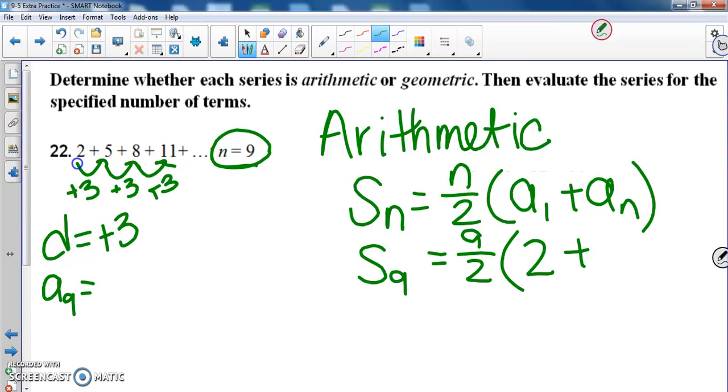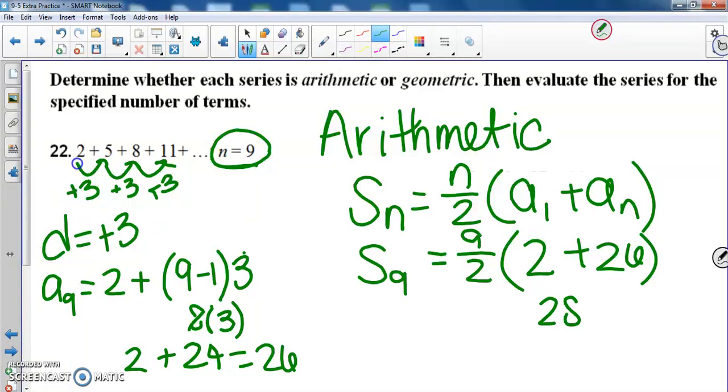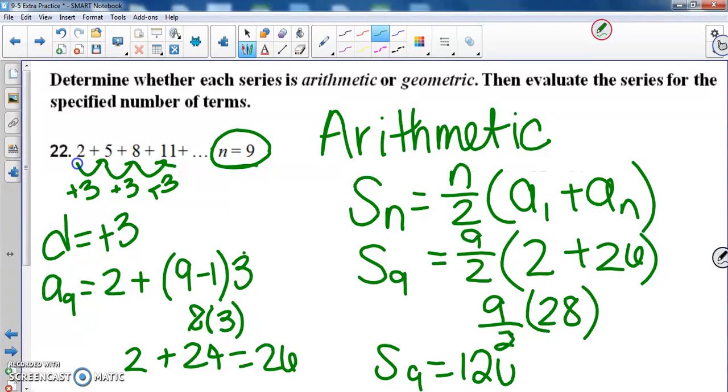A sub 9 is equal to my first term 2 plus n, 9 minus 1 times d, which is 3. So this is 8 times 3, which is 24, plus 2, which is 26. So 2 plus 26, which is 28, times 9/2. Therefore, the sum of the first 9 terms is equal to 9/2 times 28, which is 126.